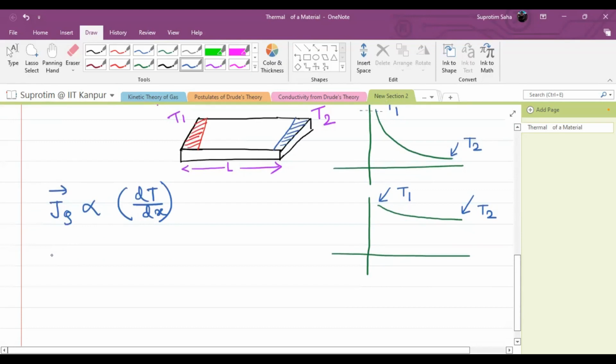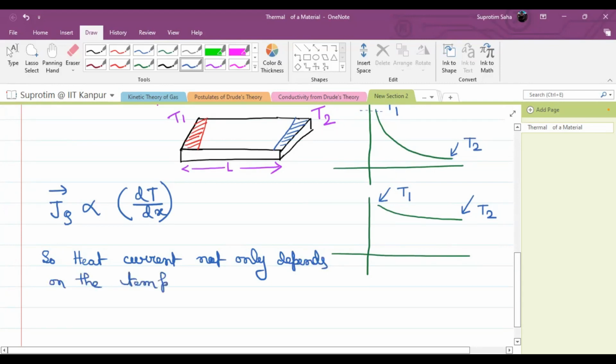So heat current not only depends on the temperature difference, but also on the gradient.